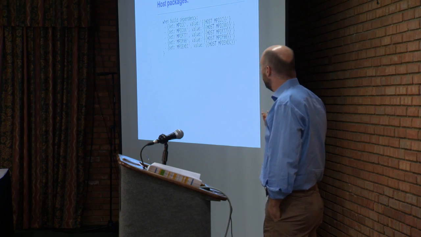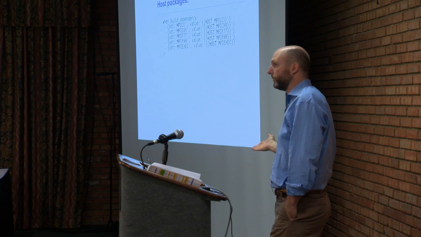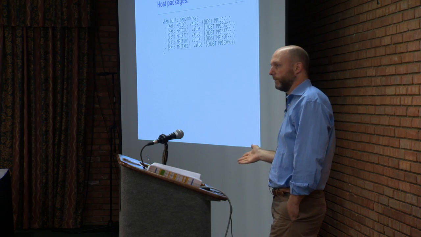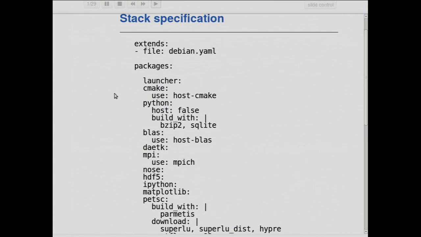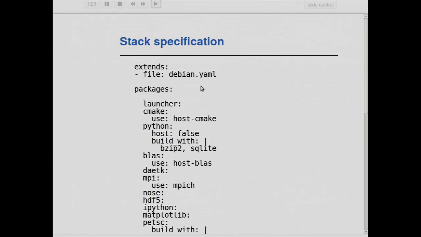But this comes out of the need for, first and foremost, this build system has got to work well on HPC systems, and it's got to use vendor supplied stuff. So here's a stack specification, and this is the Proteus stack. And what you see is, first of all, it extends a basic stack called debian.yaml. So this is a Linux-based stack. And then it gives you a list of packages.